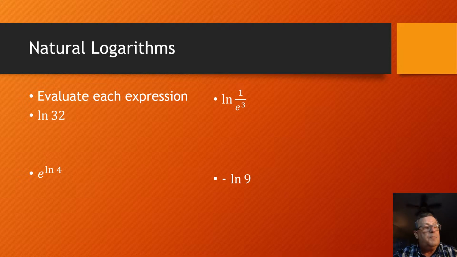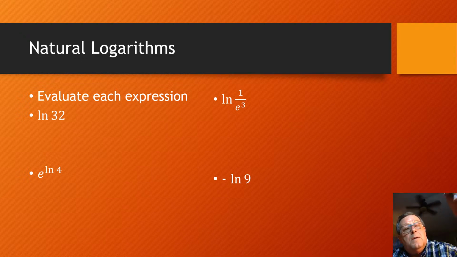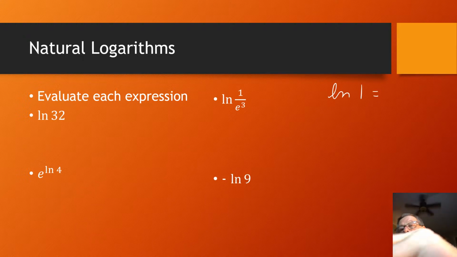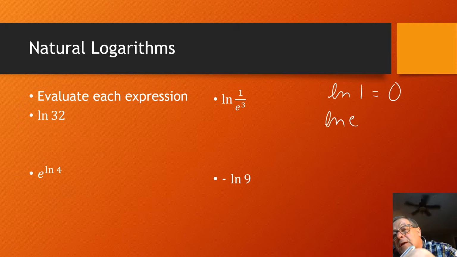Now let's consider the basic properties of the natural log. First off, ln, and that's how we write the natural log, ln of 1 equals 0. Remember, anything raised to the power of 0 is equal to 1. If we've got the natural log of the natural base e, that's just going to equal 1.